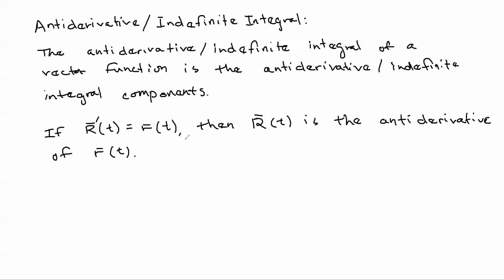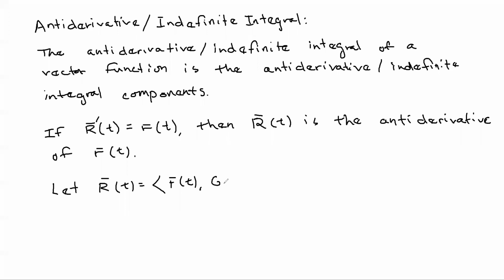Okay. And so we can use this definition just to verify it to ourselves, right? So if we go through and say, let capital R of t equal capital F of t, capital G of t, and capital H of t. There should be no line here. It's not a vector.